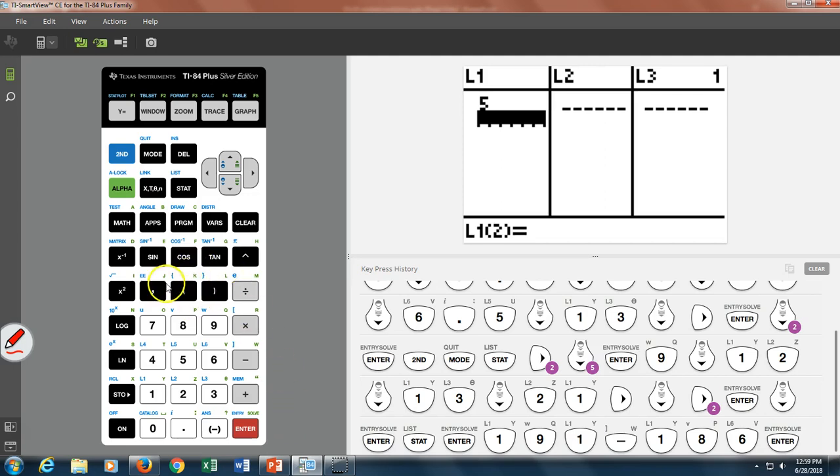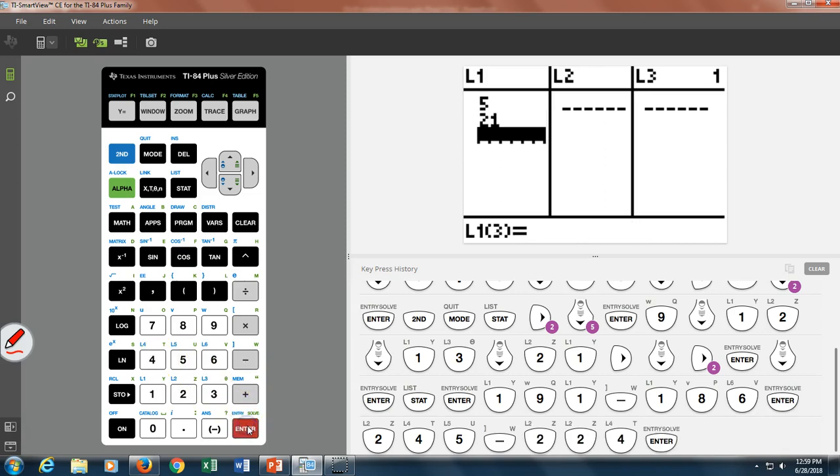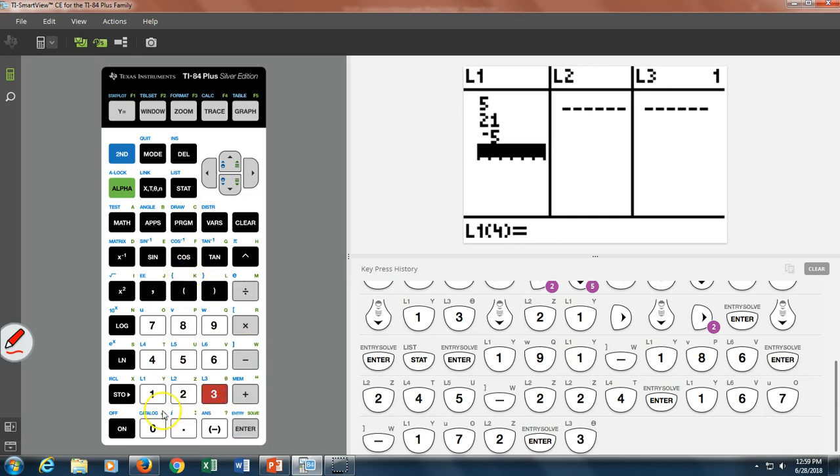And then I'll just continue. The next line is 245 minus 224. Okay, that tells us we had a 21 there. And then 167 minus 172. There the person gained 5 pounds, so the weight loss is negative. All right, next one, 307 minus 299.